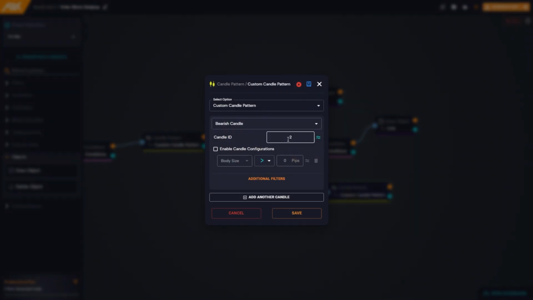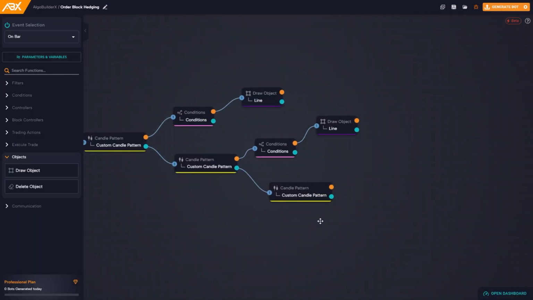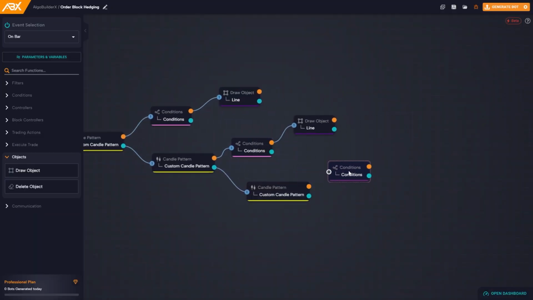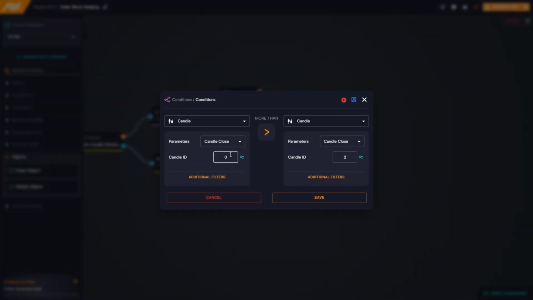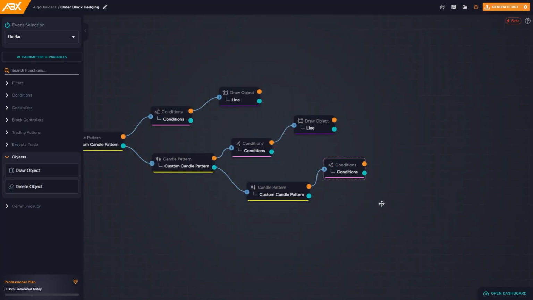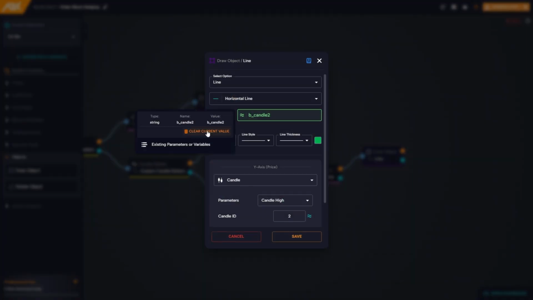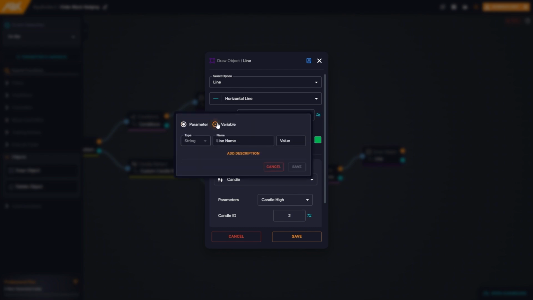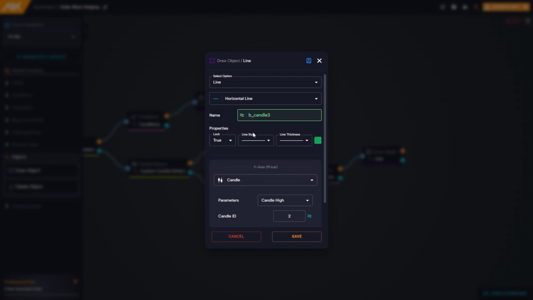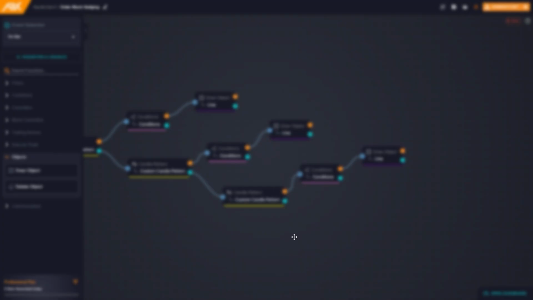Repeat the process by duplicating the blocks to identify the order blocks of candles 3 and 4. Be sure to assign different variable names to all the lines. In this strategy, we check up to the fourth candle, but you can customize this number according to your preferences.